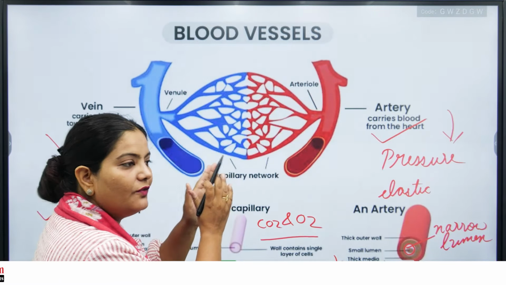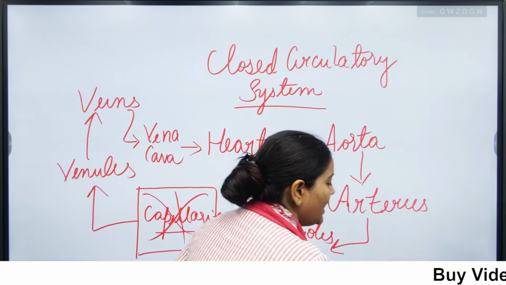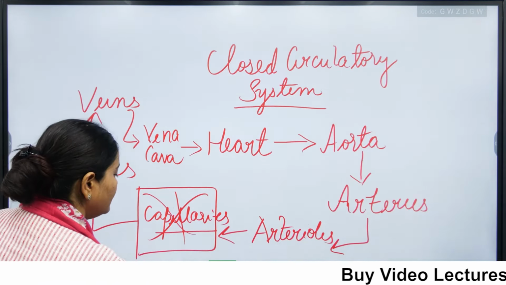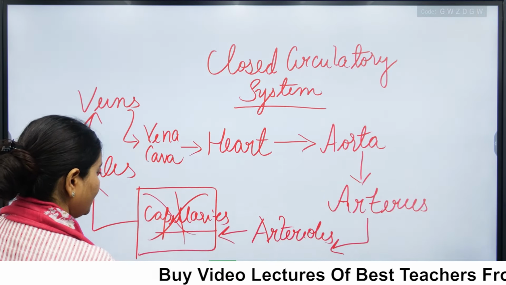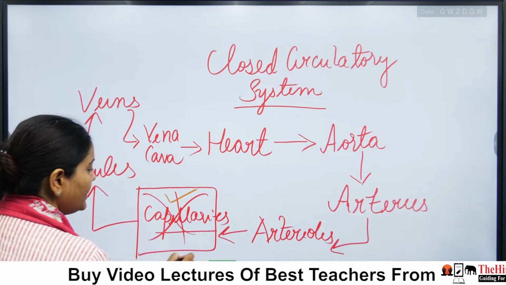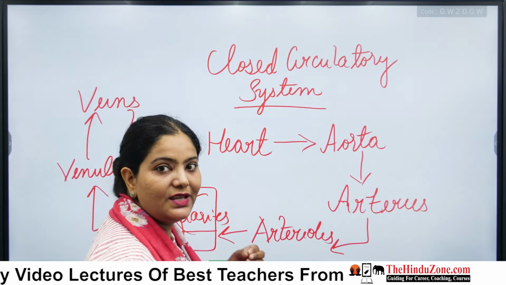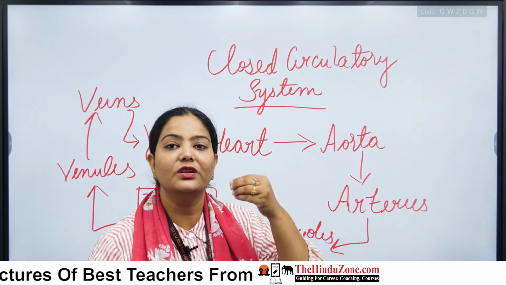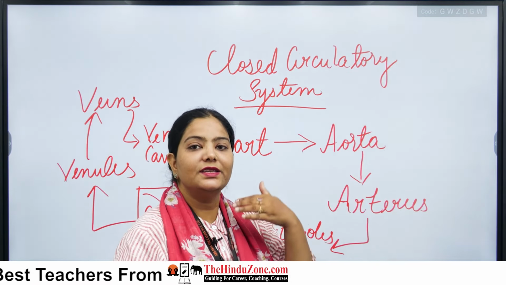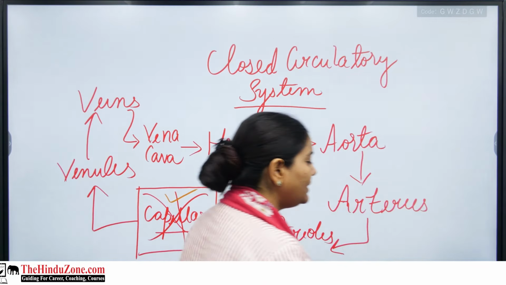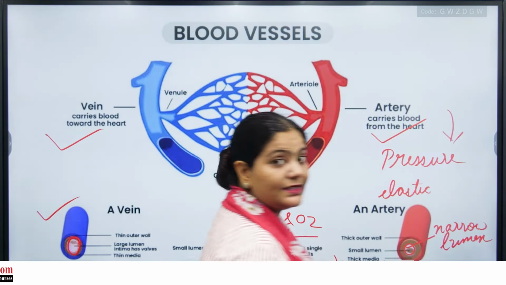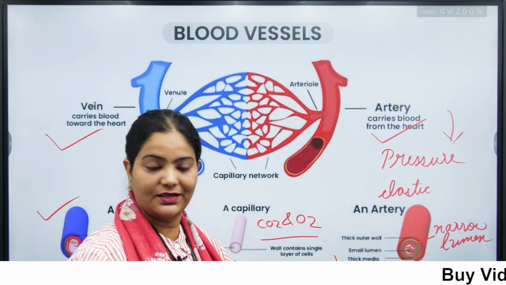And when the two of these things mix, as I have shown you here in the form of these capillaries, right? So the capillaries are unicellular layered, so it is easy to go for the exchange of the material. Now let's see the structure of the heart.